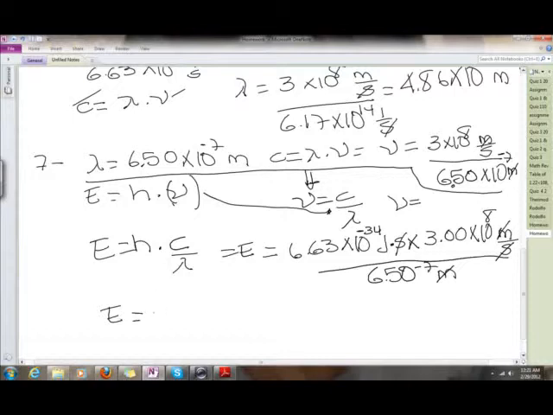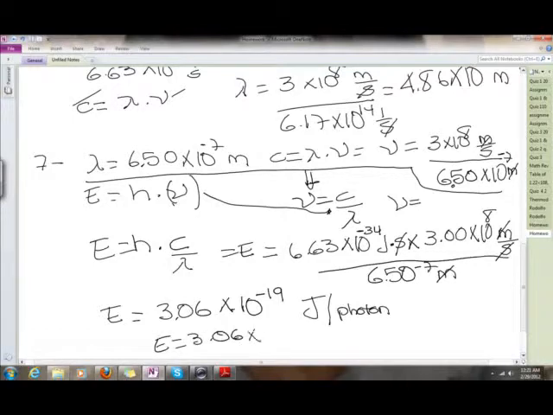So now energy is equal to 3.06 by 10 to the minus 19 joules, and per what? Per photon or per atom? Photon, which is the same as 3.06 by 10 to the minus 19 joules per atom.